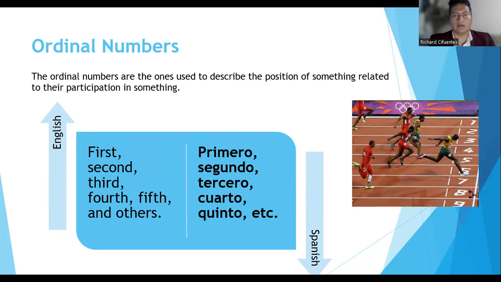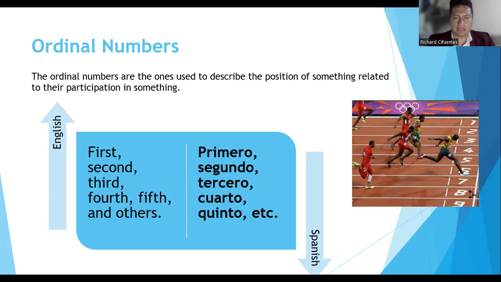Okay, I'm going to give an example here. I can say she finished in first place, and also I can say the same in Spanish: Ella terminó en primer lugar. Look at this.